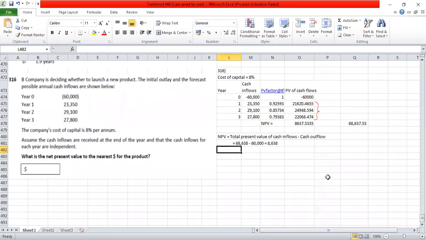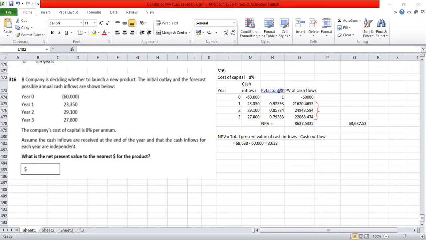What does it indicate? It indicates that the total present value of all the cash inflows, inflows are returns, profits, those inflows are better than what they are spending. How much are they spending? 60,000. So for an investment amount of 60,000, the benefits are 68,637. So 68,637 minus 60,000 is 8,638, which is a positive figure. So if it is a positive figure, the project should be accepted, otherwise it should be rejected.